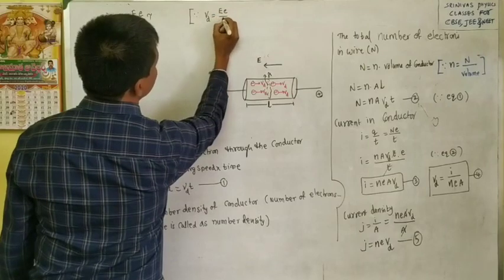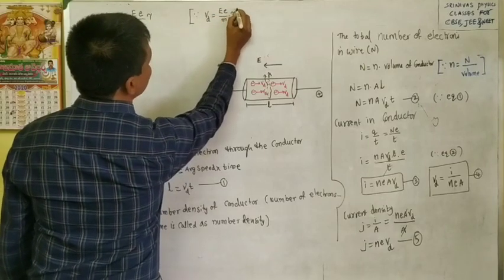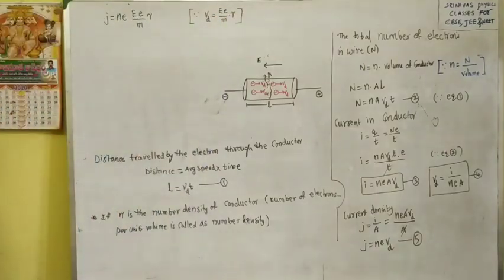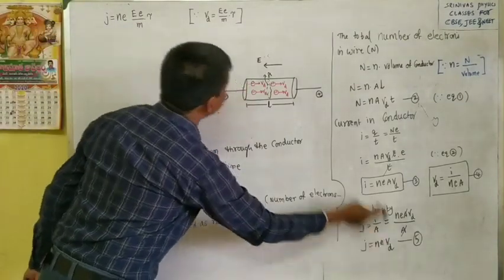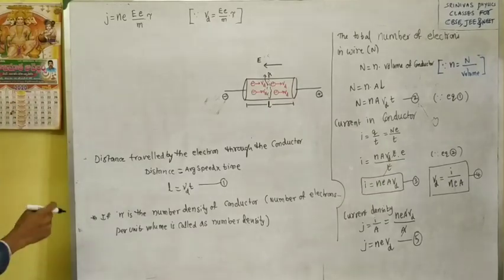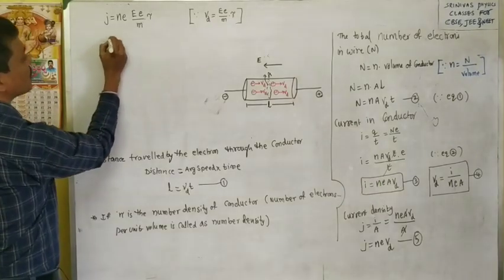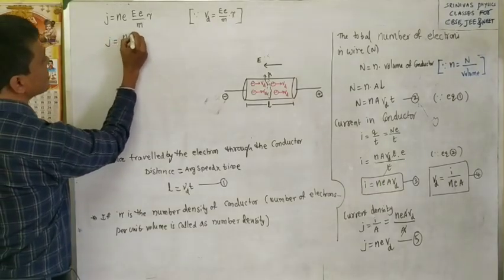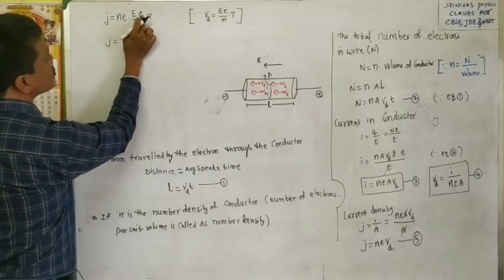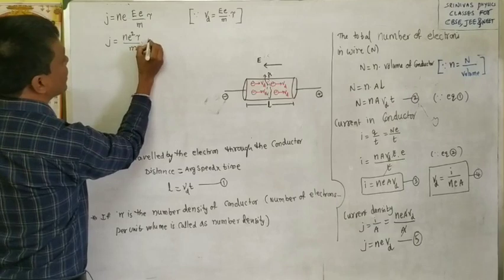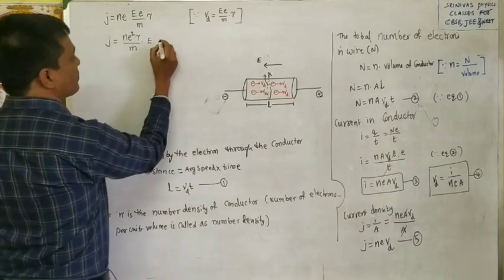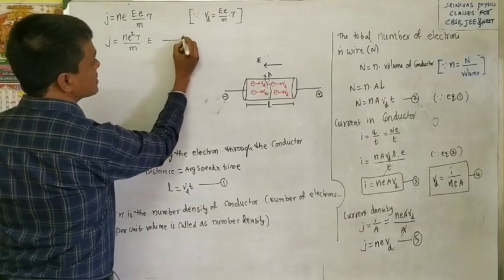That formula is eE by m into tau. Minus will be there, but we are writing only the magnitude here. Now I am going to write like this: J is equal to ne squared tau by m into E, and this is equation 6.